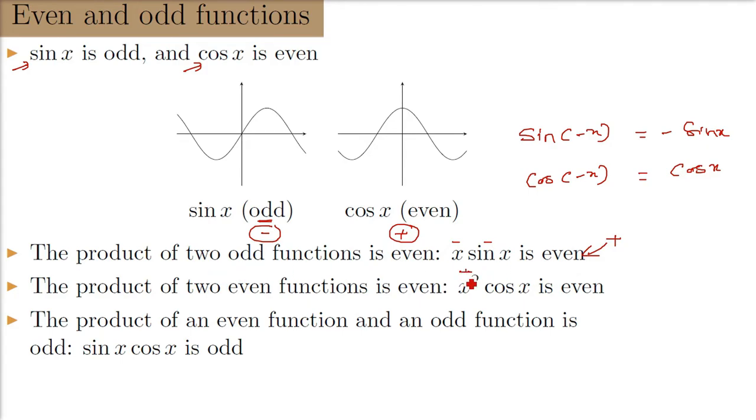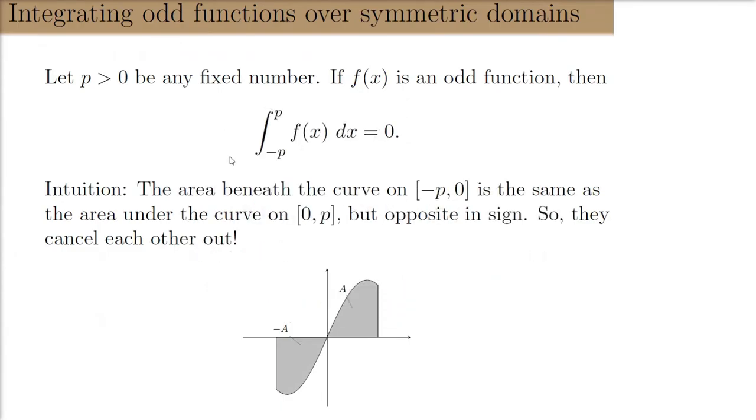If you have two even functions, positive and positive, you will get a positive, that is an even function. But if one is even and another is odd, like cos x even and sin x odd, and you multiply them, you get negative, that is the odd function. This is going to be used a lot.